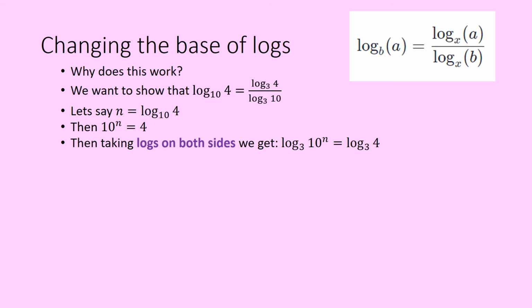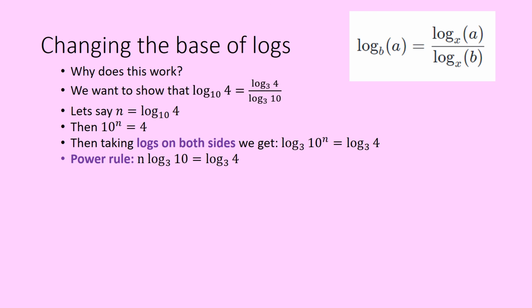My next step is to use the power rule. Remember, when we've got a log of a power, we can bring that power down to become a multiplication. So using the power rule, we've got n times log base 3 of 10 equals log base 3 of 4. We're getting closer to what we want to prove.